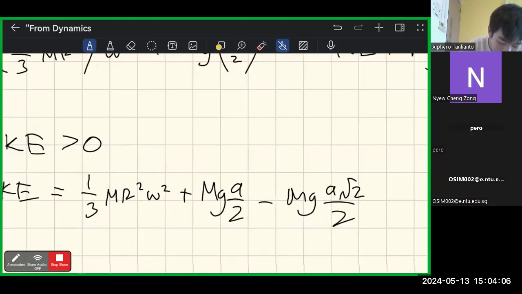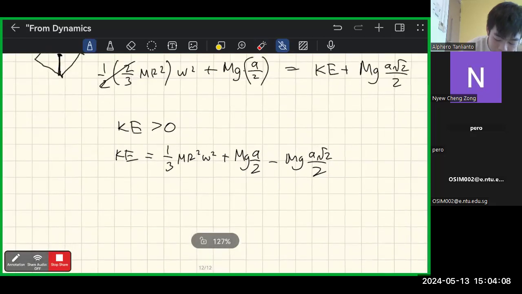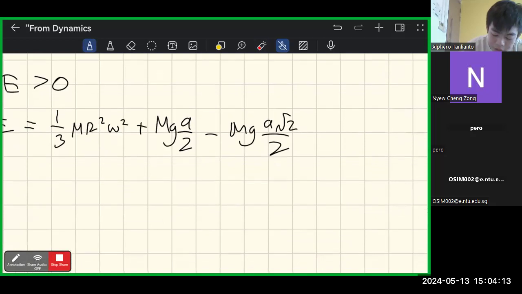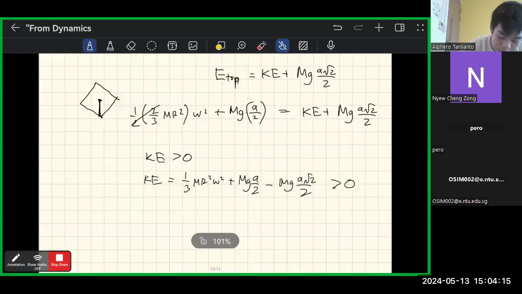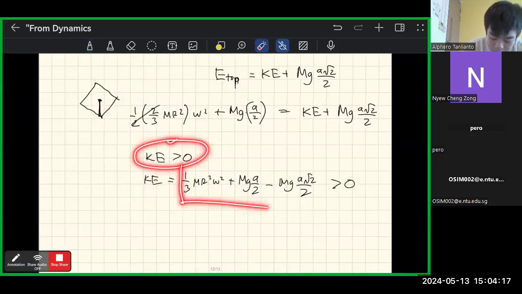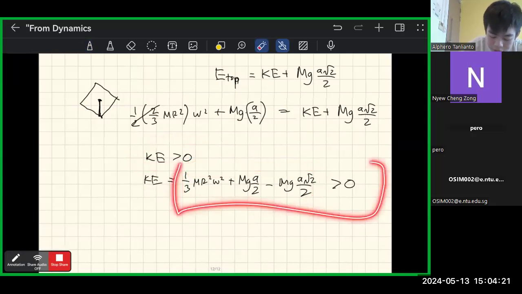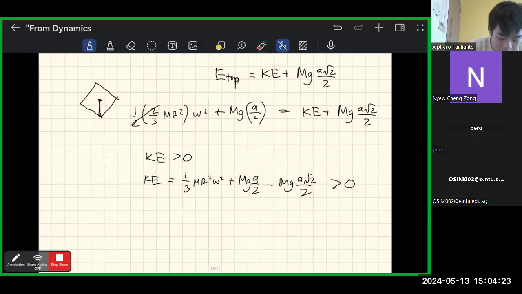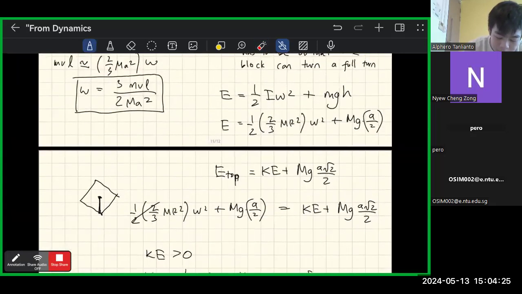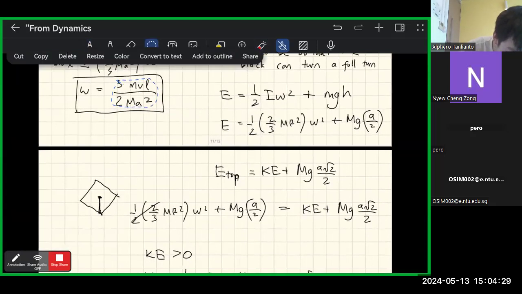And the omega here depends on the v. And then the KE here has to be bigger than 0. This is KE, the kinetic energy. Thus, this has to be bigger than 0. This is our inequality. The omega we just plug in from this. This is the omega. We found the omega already.